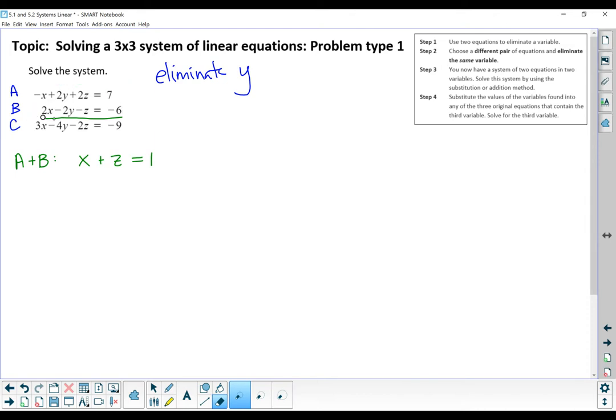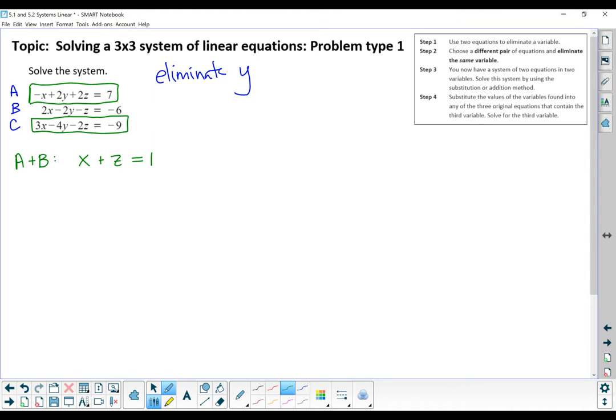Now, as my second step, I want to pick another pair of equations, and I want to also eliminate y. You want to eliminate the same variable both times. So I'm going to pick A and C. I could have also chosen B and C if I wanted to.